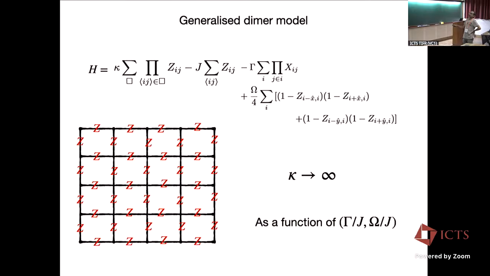Finite J would allow this mixing of the one and three dimer configurations, which would open up the Z2 spin liquid, as I'll tell you. So let's go ahead and try to do this.